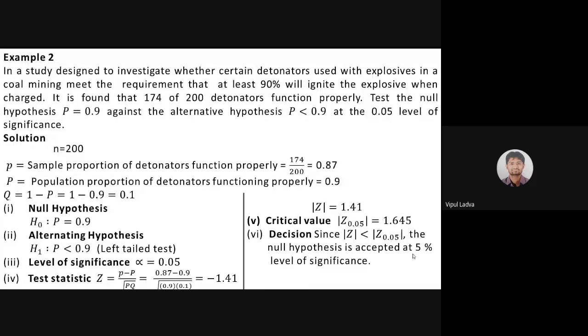Why are we going to accept the null hypothesis over here? A similar situation was there in the previous example.